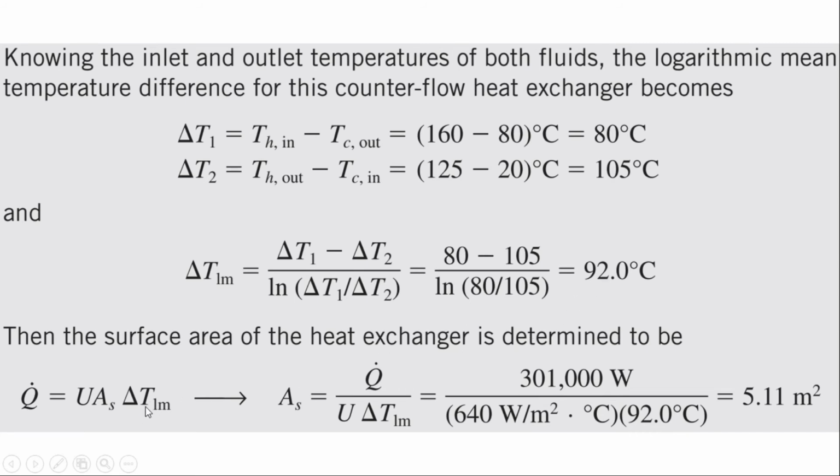We are not given the surface area, so we take the surface area on one side and all the remaining parameters on the other side, and after putting that in we get the value of the surface area, which is 5.11 meter square. And this is actually the LMTD method. So you have to use the log mean temperature difference, and you have to determine the surface area.